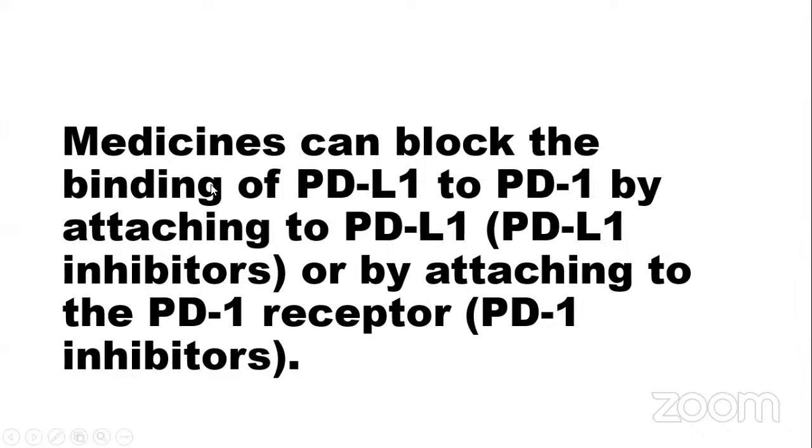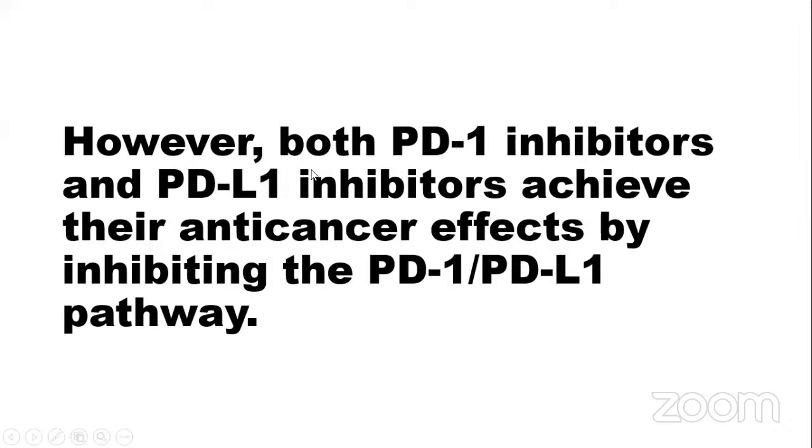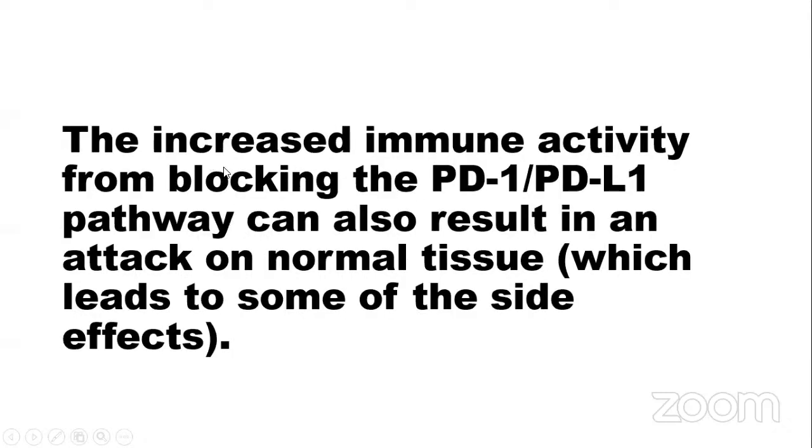Medicine can block the binding of PD-L1 to PD-1 by attaching to PD-L1, as PD-L1 inhibitors, or by attaching to the PD-1 receptor, as PD-1 inhibitors. Both indicate anti-cancer effect by inhibiting the PD-1 and PD-L1 pathway.